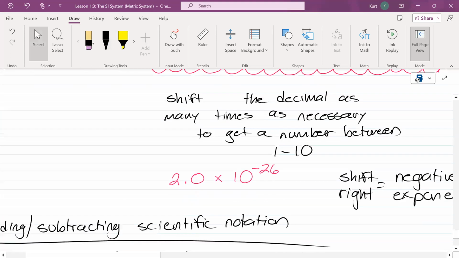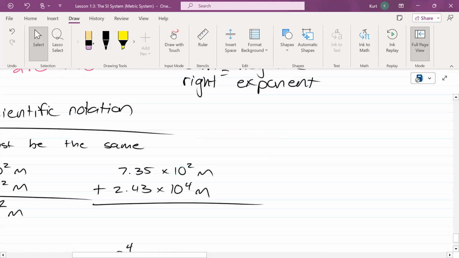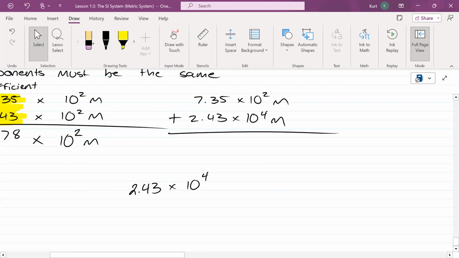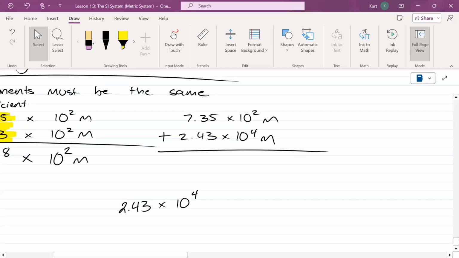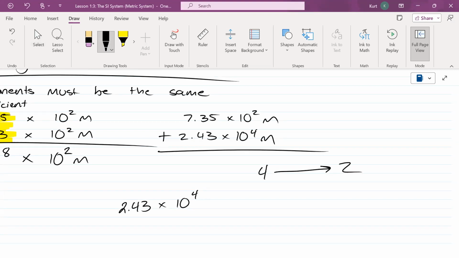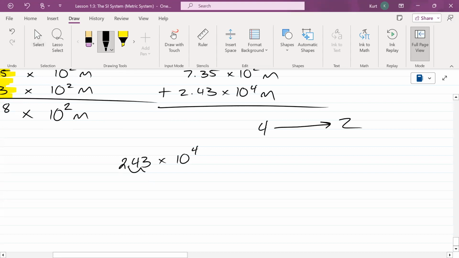Look back up here. Shift right, you go negative. Shift left, you go positive. So do we want to shift 2 to the right or 2 to the left? I heard left and I heard right. You're going from 4 to 2. Are you adding or subtracting? You're subtracting, you're going negative. So we need to shift the decimal 1, 2 to the right. And that will turn your 10 to the fourth into 10 to the second.